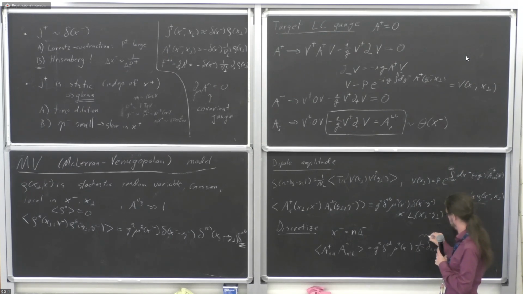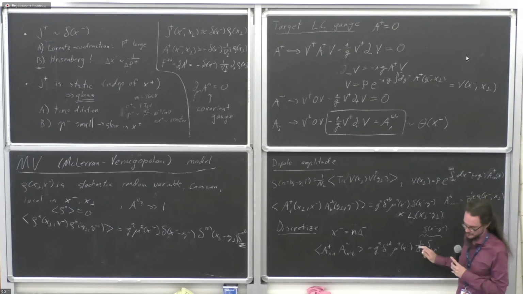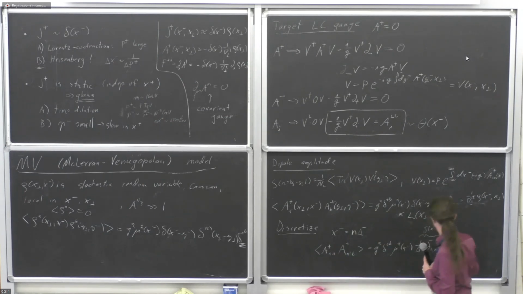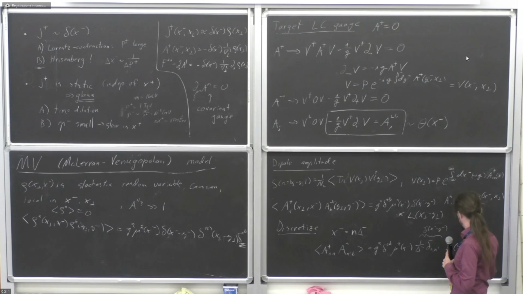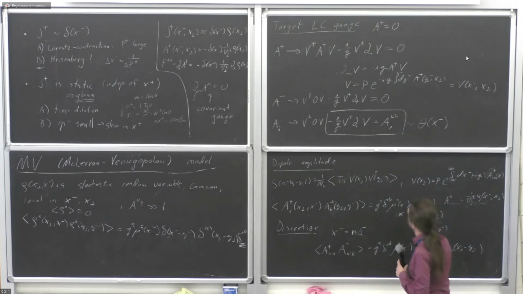This is the delta function of x minus minus y minus, okay? And I need to keep consistently counting the powers of this delta minus to get the right thing. And then I have the L of x perp minus y perp, which hopefully we'll come back to in a minute.